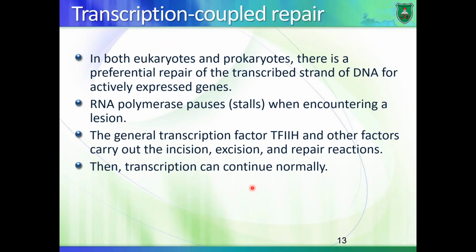So what happens here is that when the RNA polymerase is transcribing DNA, when it is synthesizing RNA, and there is a pyrimidine dimer, it stops, it pauses, it stalls, and this is recognized by other proteins, and they are involved with transcription factor 2H to make an incision, make a cut to excise the DNA fragment and to fill in the gap again, so that once the gene is repaired, the RNA polymerase can bind to the gene again, and it continues with the RNA synthesis.